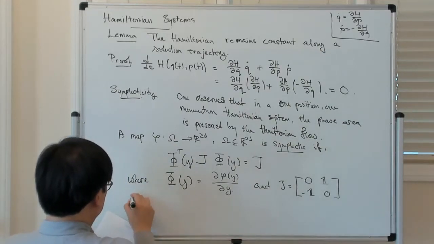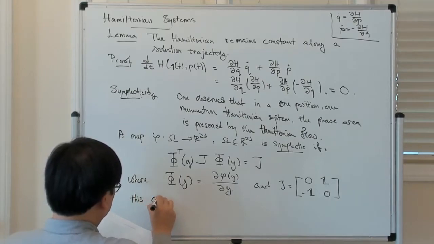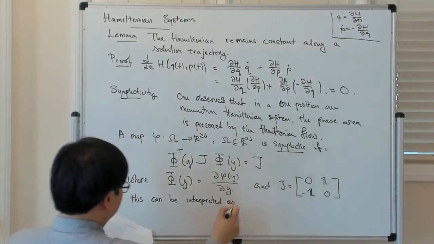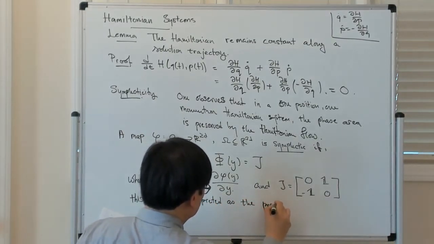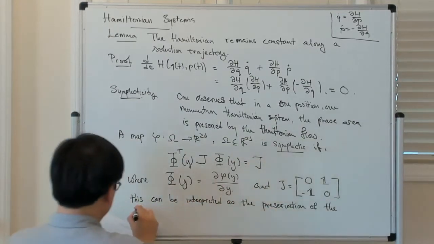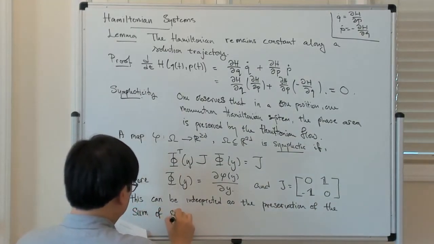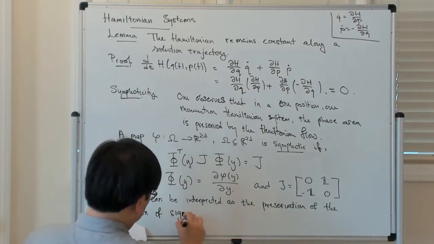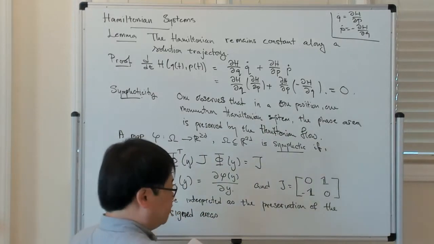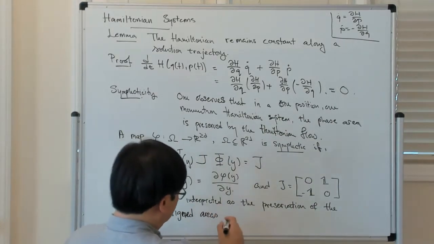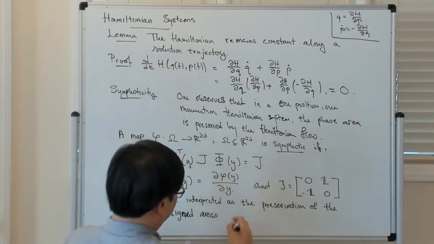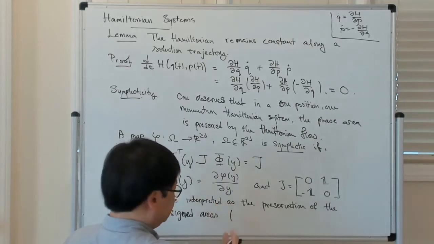This can be interpreted as the preservation of the sum of signed areas. What would I mean by signed areas? If you have these position and momentum variables, you can have matched positions and momenta.